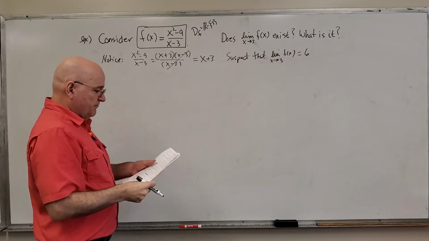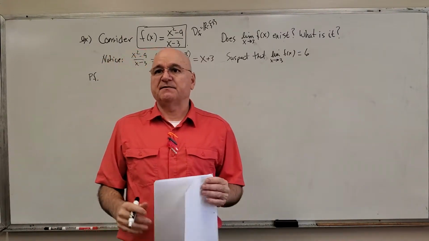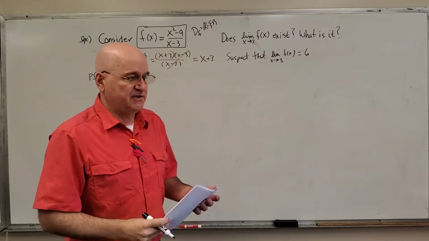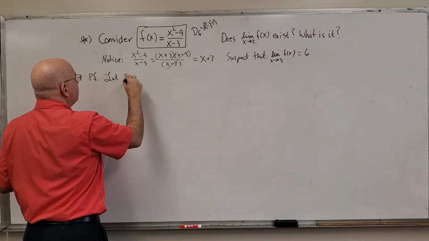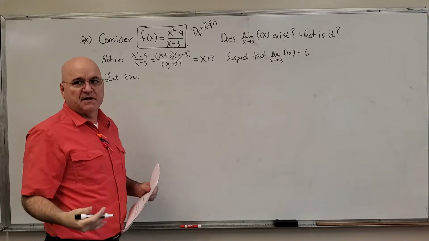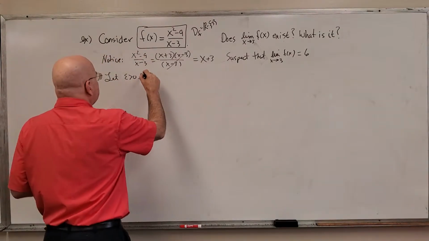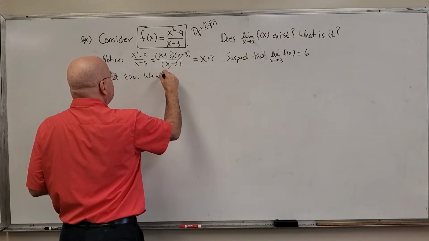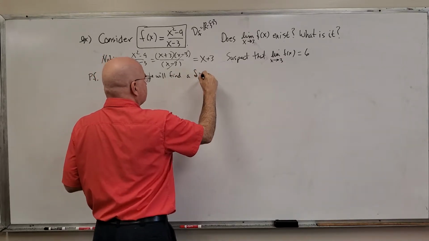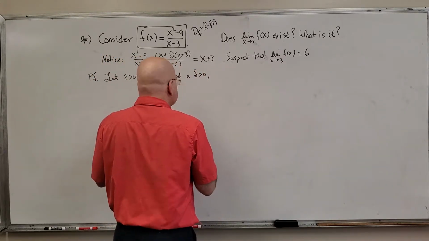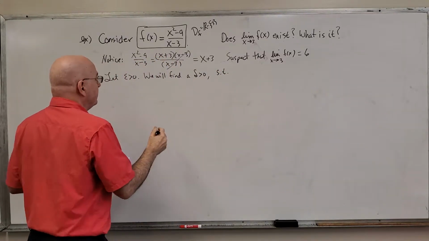Just as any time we're going to prove a limit, we need to start off with an arbitrarily chosen epsilon. Let epsilon be greater than 0 be given, and we will find a delta greater than 0 such that the following holds true. This is just using the definition.